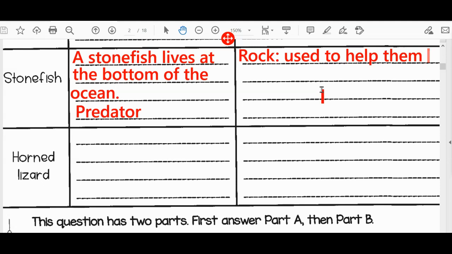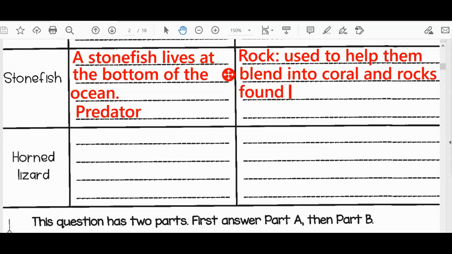What's that keyword again? Blend. Good. Helps them blend into coral and rocks found on the ocean floor.